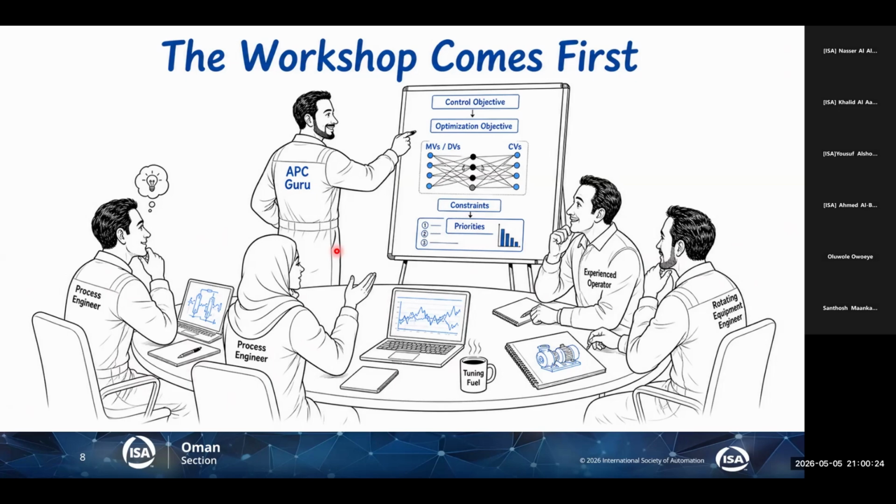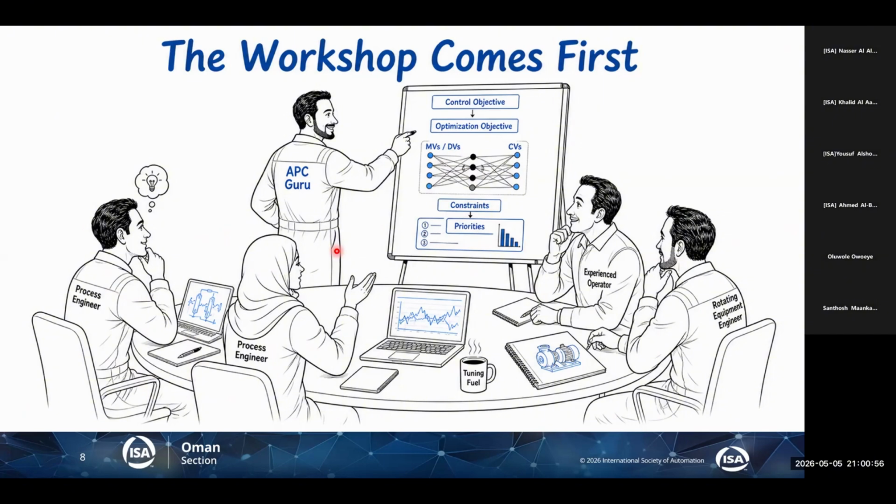The process engineer should explain the process. The APC engineer should sit and listen to the operator. The operator should explain how the unit is actually operated, which handles he's moving, what he watches, what he looks for, what causes him trouble, and maybe there's a controller he doesn't trust, so he puts it in manual.